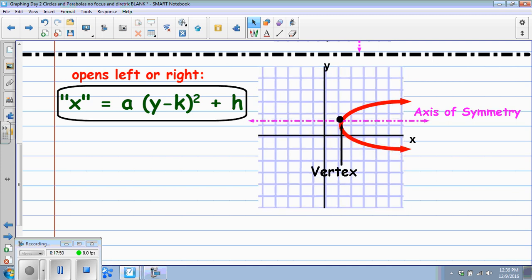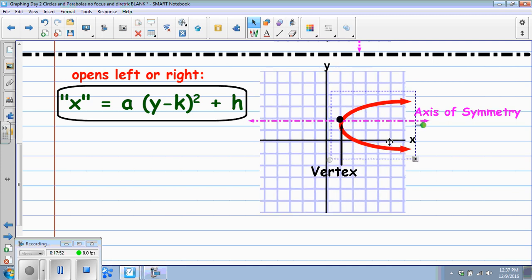Any questions? What else do we notice about this? What's different? The h and k are different. Remember that the number in parentheses with that variable determines how it moves along that axis.